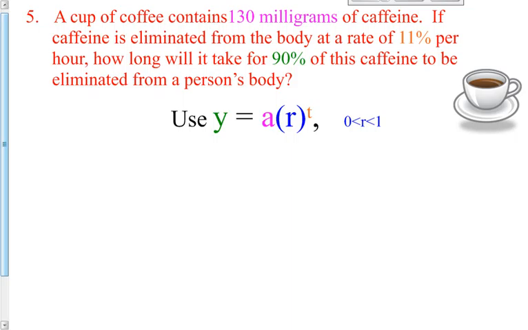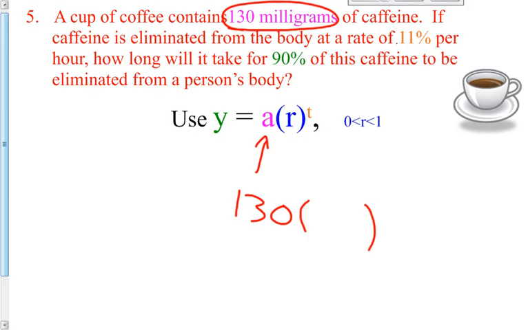So our initial amount, A value, is going to be, we start off with a cup that contains 130 milligrams. Okay, the rate. It says that the caffeine is eliminated from the body at a rate of 11% per hour. So every hour, 11% of that caffeine gets eliminated from the body.